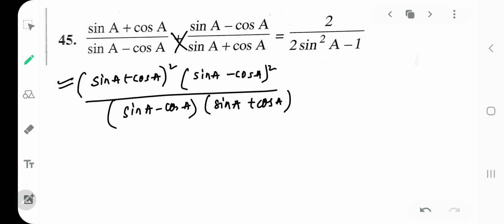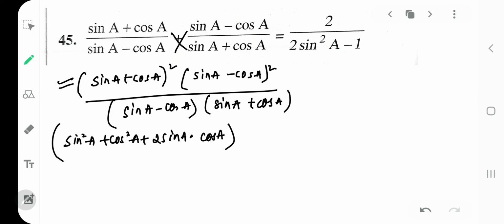Yes, my dear kids, you have to open this whole. That will be first term square plus last term square plus 2 into first term into last term. Here also you have to open this. There's a plus in between, I'm sorry.